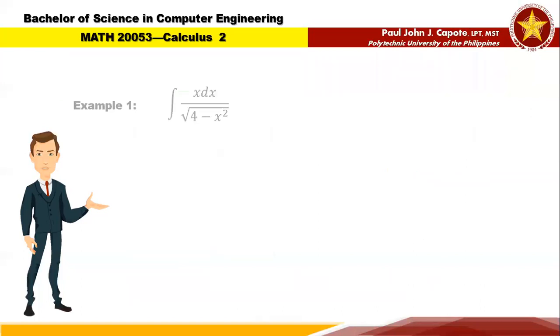Now let's have example number one. We are going to evaluate the integral of x dx divided by the square root of 4 minus x squared. Which do you think of the three cases is applicable in evaluating this integral?